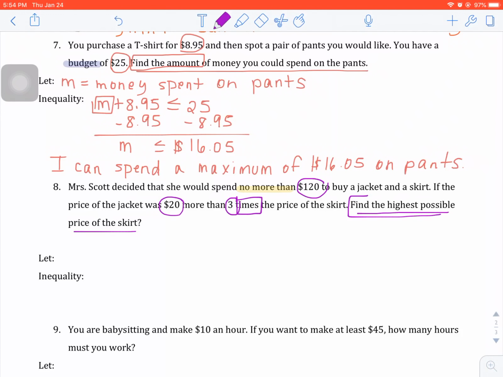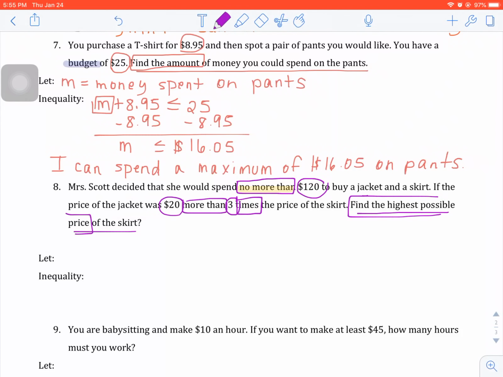Maybe find the highest possible price. No more than. More than. I think that's all that I can come up with.